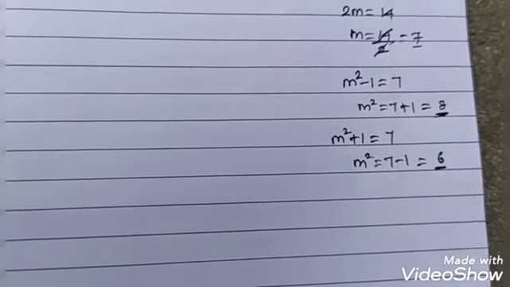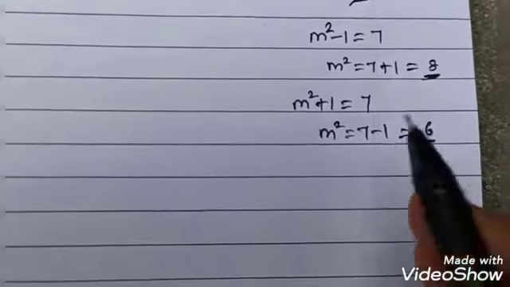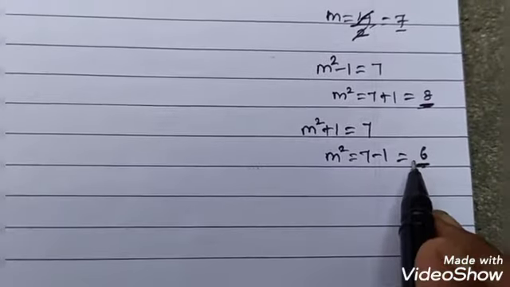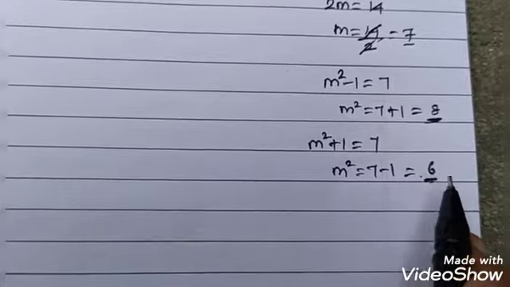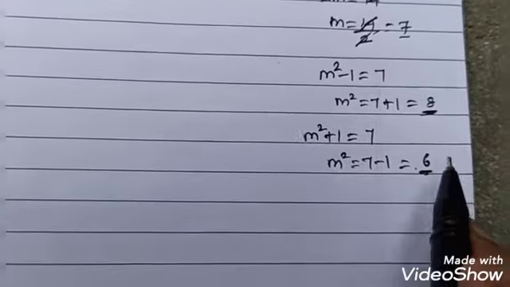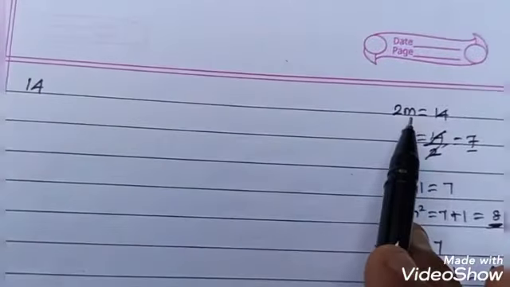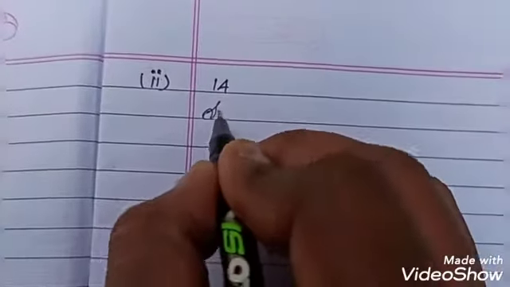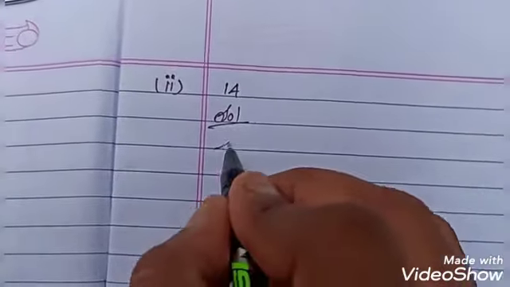Under a condition, if any number ends with the unit digit 6, it may be a perfect square, but 6 is not a perfect square. Okay, so here which one is applicable? In this question also, 2m is applicable. So, solution, first what we need to write? You need to write the general form.